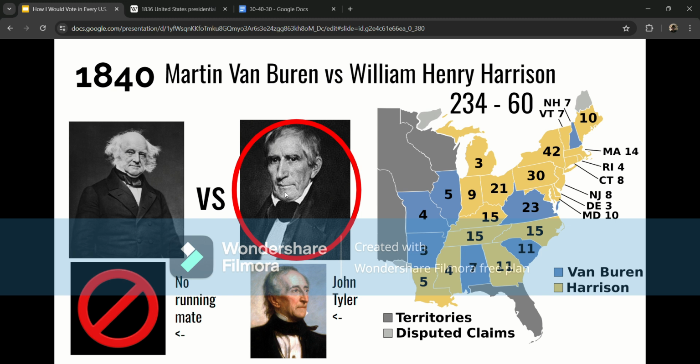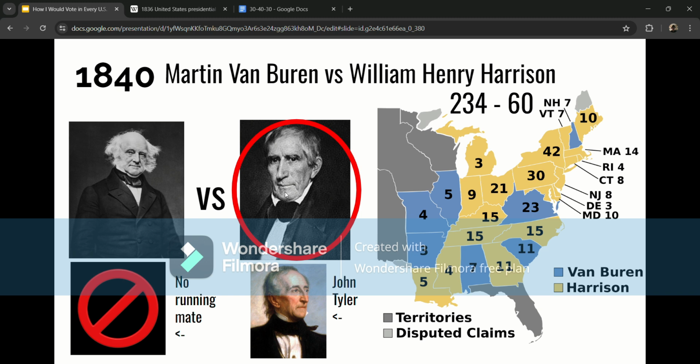Harrison is seen, of course, as that other man of the common people, but not nearly as controversial as Andrew Jackson. I think he would have made a damn good president, honestly, or at least decent enough for the time, and definitely would have led the country in a better direction than what Martin Van Buren would have had he been reelected.